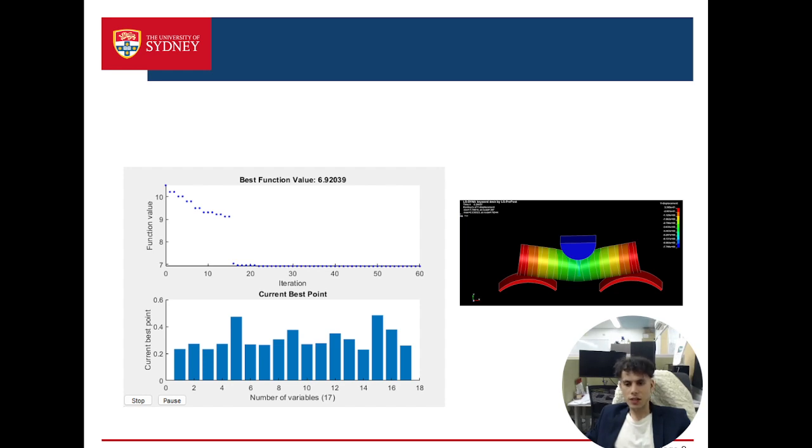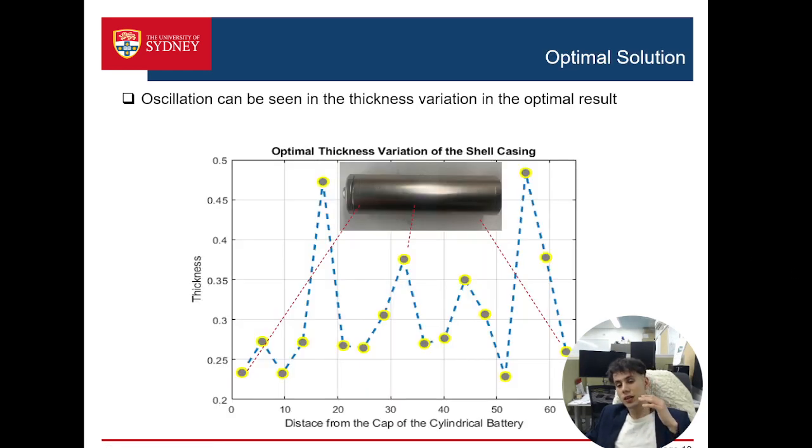the thickness is varying like this in an oscillation way. The interesting point about the final and optimal result is that you see some kind of oscillation between the thickness here, and you see here it's going up and going down, up, down, up, down, and this is the optimal result we got from the pattern search method.